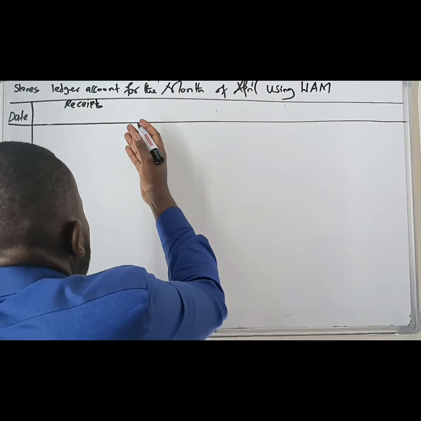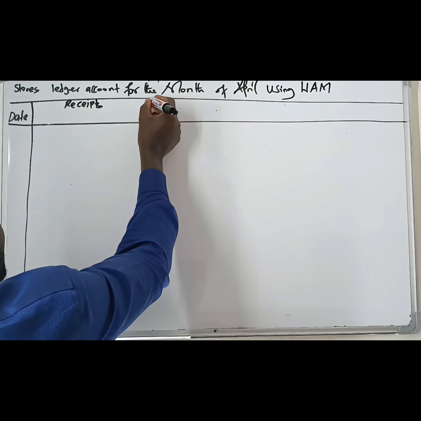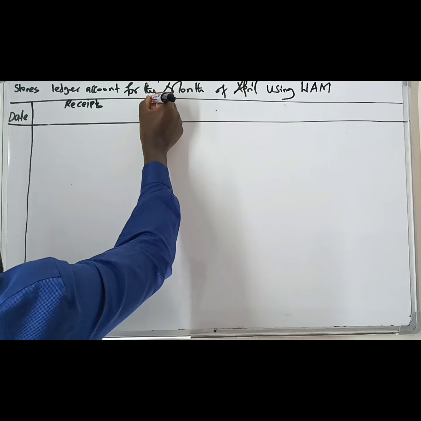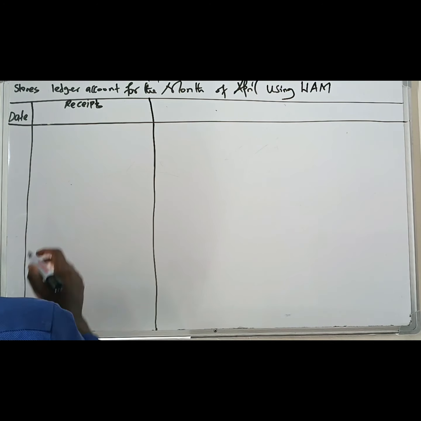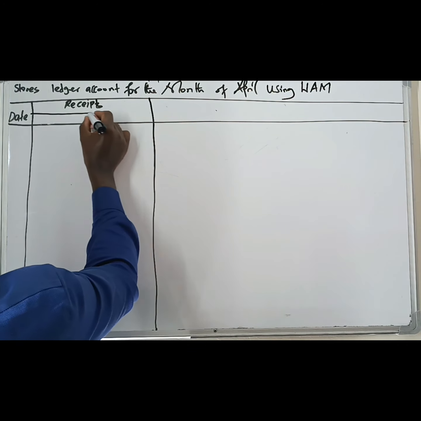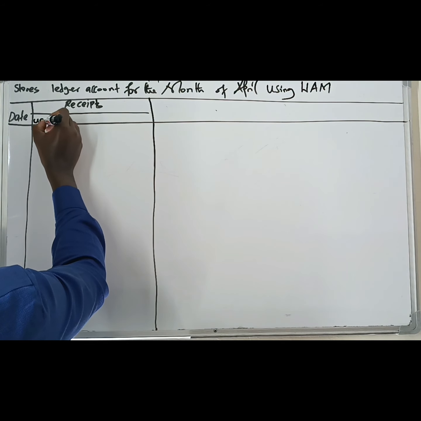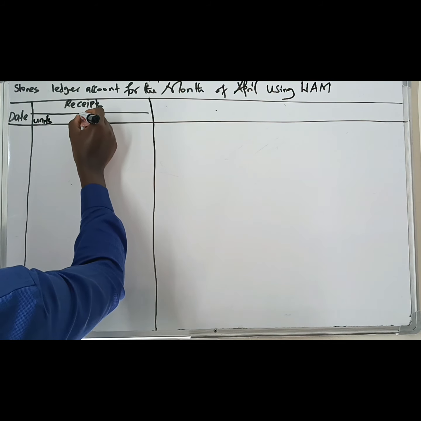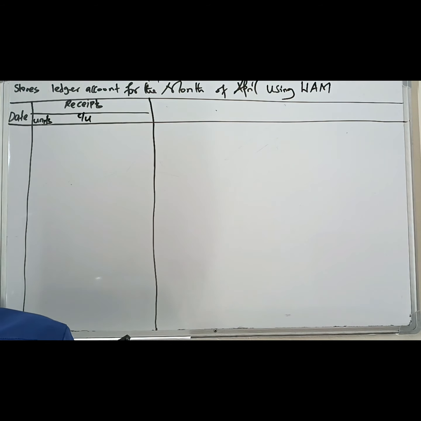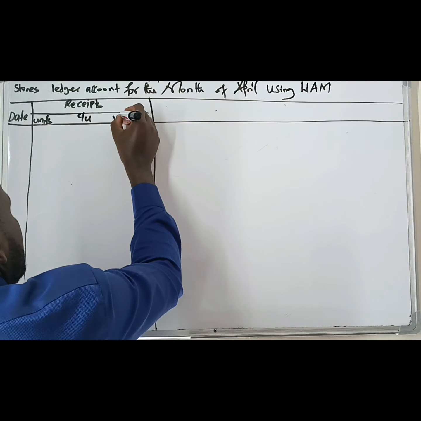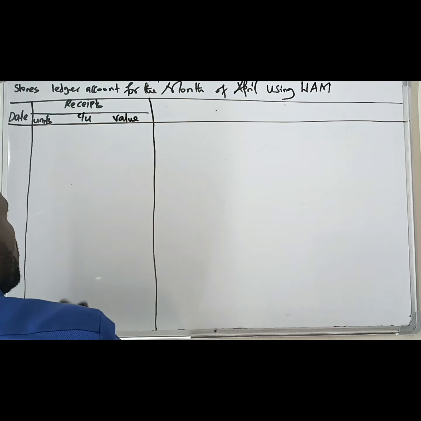So you have the purchases or the receipts. Whenever you receive, you'll have the units you have received, the cost per unit, then the value or the amount.